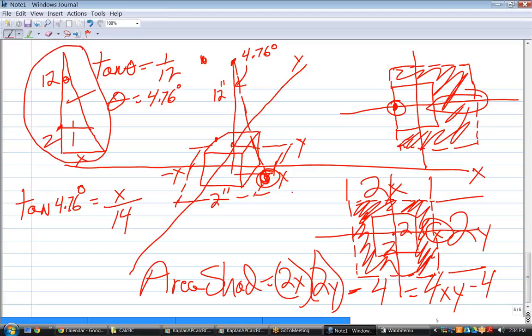And the angle doesn't change. The angle is exactly the same, theta. It's just a question of how far out it goes when I increase the depth by 2 inches. So if I take tangent of 4.76 degrees times 14, I get x.